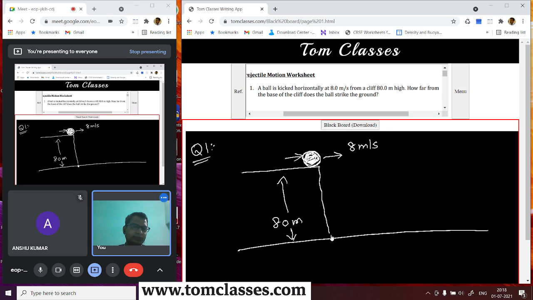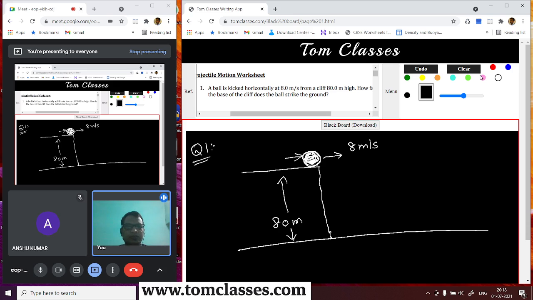So that is the height. How far from the base of the cliff does the ball strike the ground? The ball will go like this and drop over here, right? So what is this distance that has been asked?